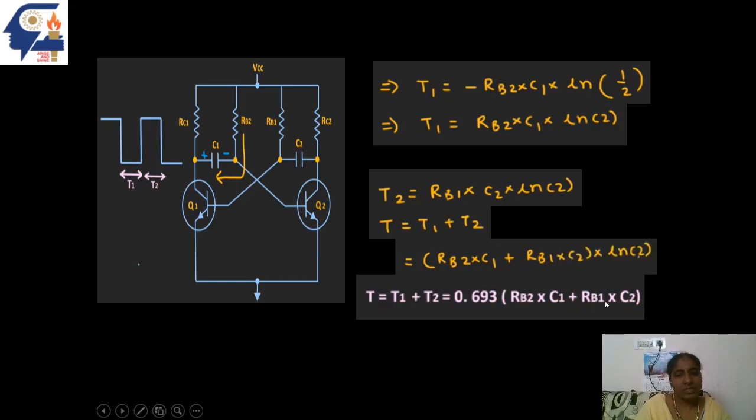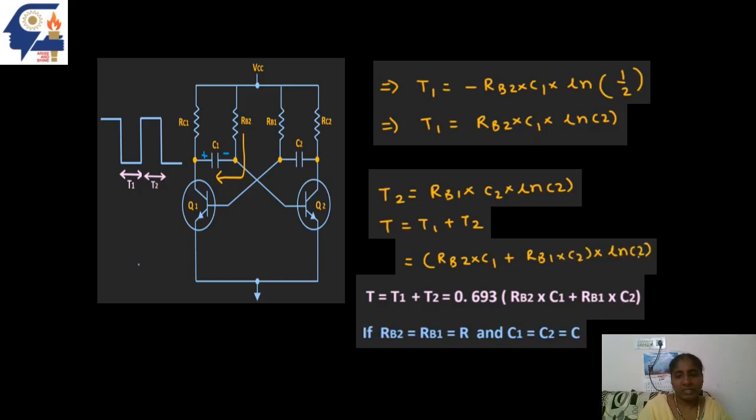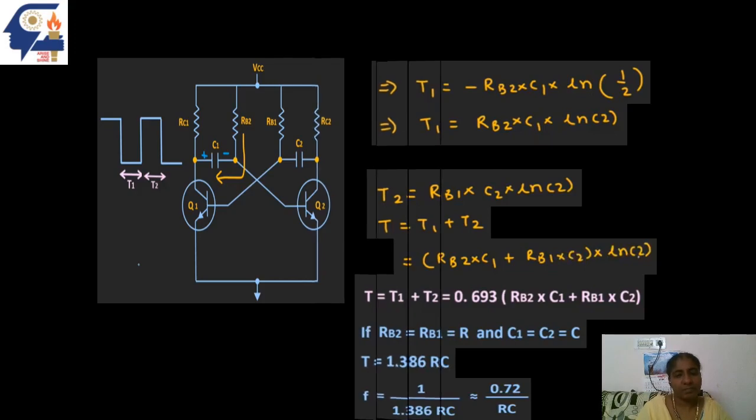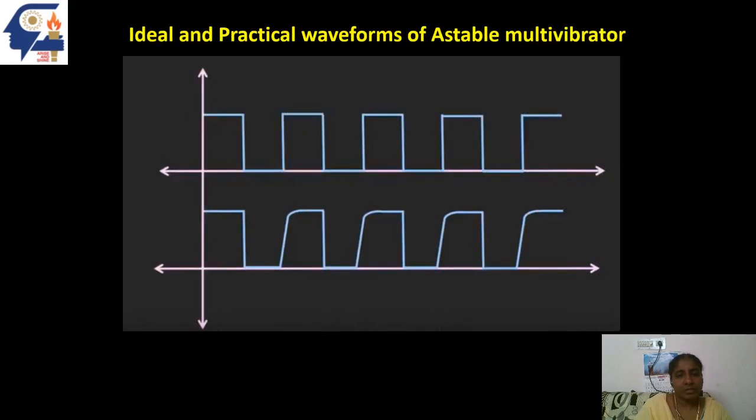When the two resistors are of equal value and the two capacitors are of equal value, we will get 0.693 into 2 times RC, which becomes 1.386 RC. And frequency is the inverse of time, so we will be getting 0.72 by RC. This is the ideal case of the output obtained at the collector points of an astable.